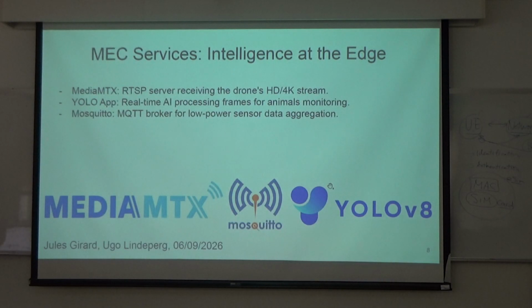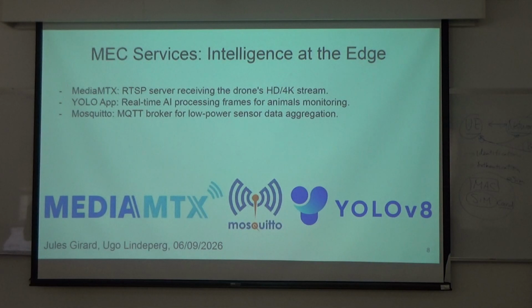So we have different services in the Edge compute VM. The first service is MediaMTX. It's an RTSP server, so you can send many streams from camera, UAV, or whatever you want, and you can connect to this server to get the stream and analyze the video. Then we have a YOLO app.